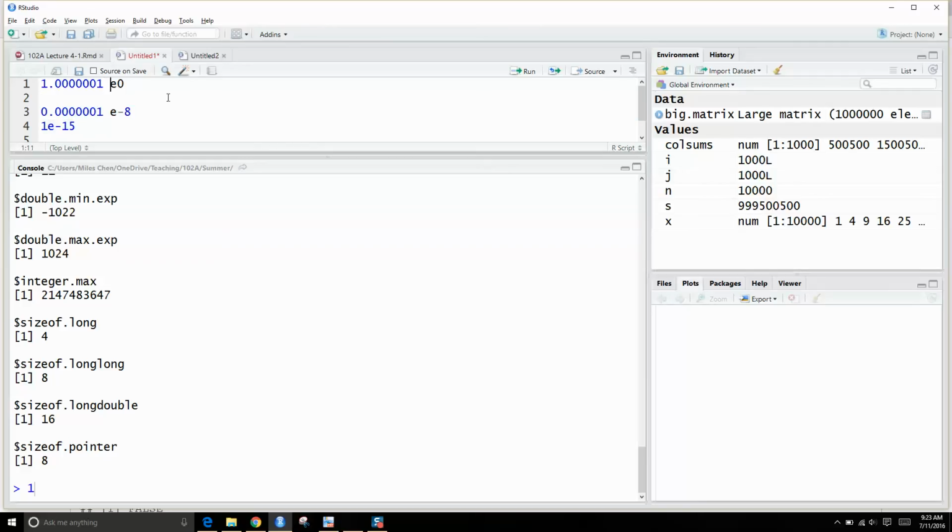I'm limited. This would be the smallest kind of difference that I can establish. So I can detect the difference between this and this, but if I wanted to add something like this value to here, I won't be able to do it.